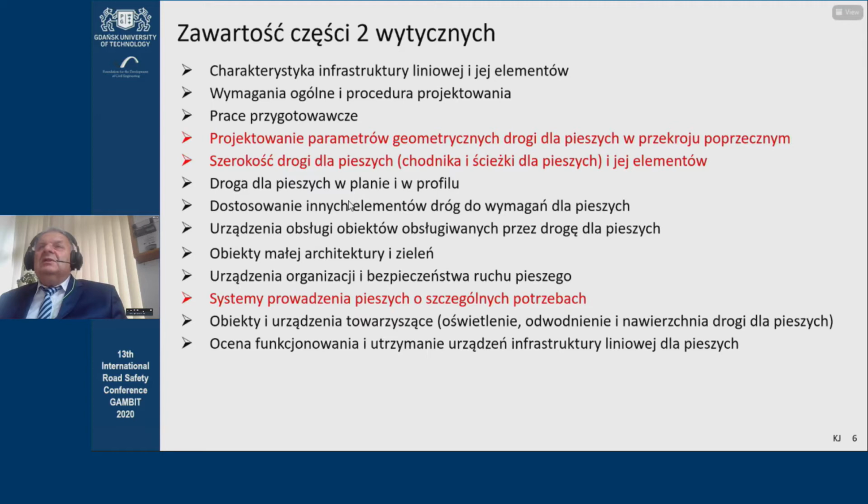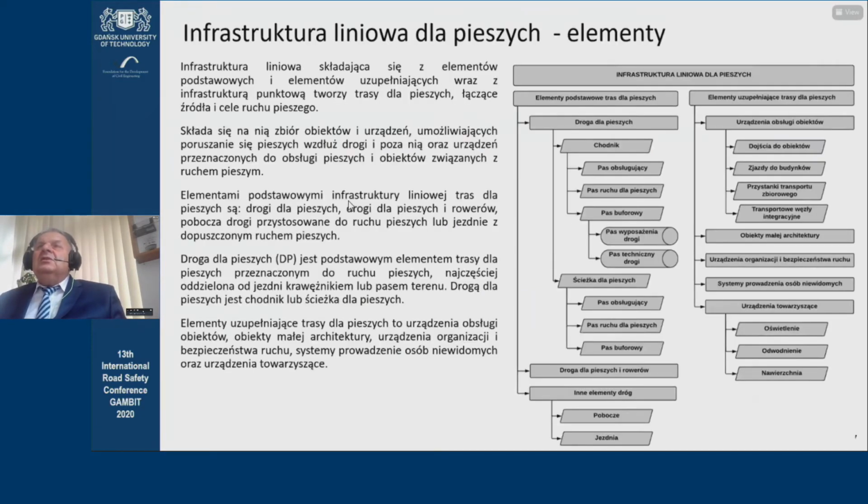I'm going to focus on 3 that are marked here in red. That is designing the geometrical parameters in the cross-section, the width of the pavement, and the systems for supporting the movement of special needs pedestrians.